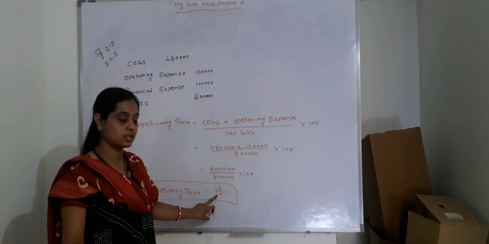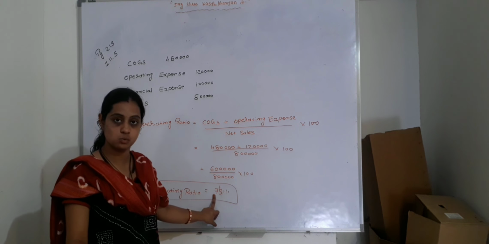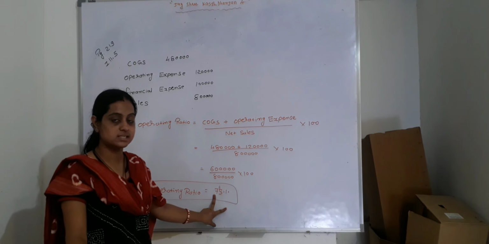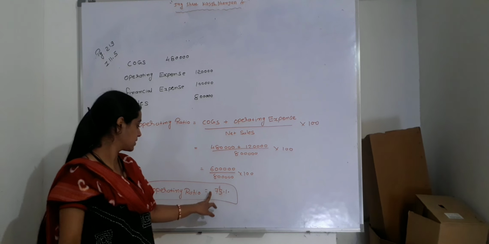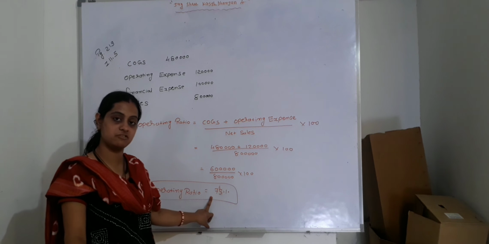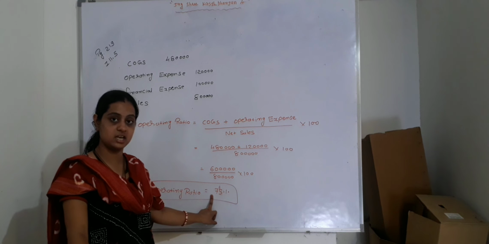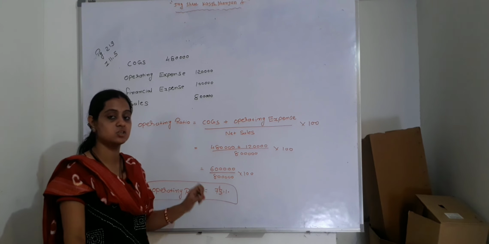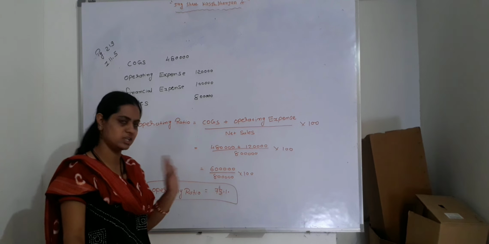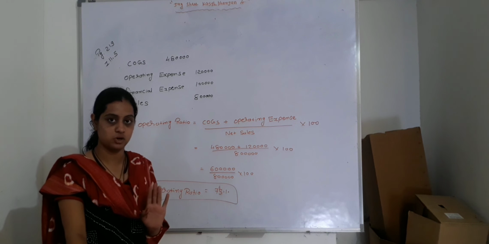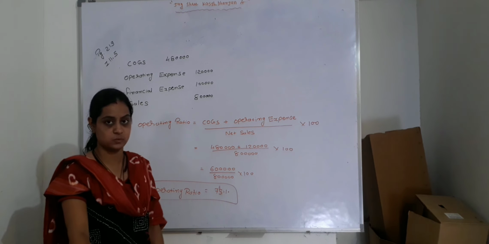We can find it this way also. Total sales 100%, operating ratio 75%, then our operating profit ratio is 25%, which we'll learn in the next point. But right now I am telling you this.